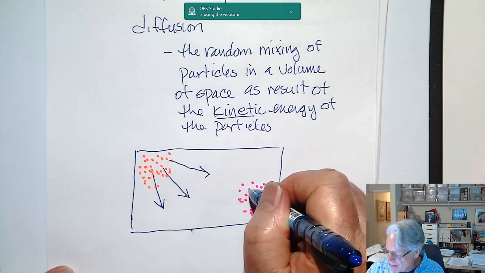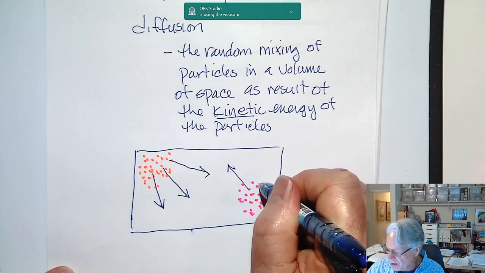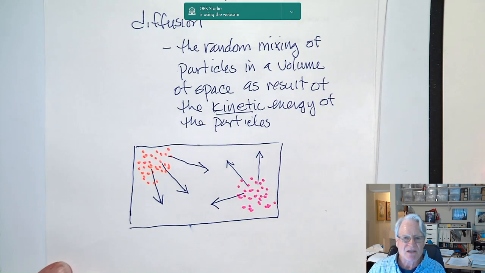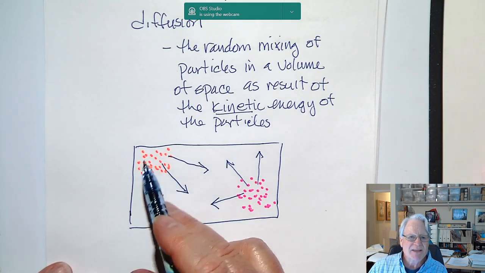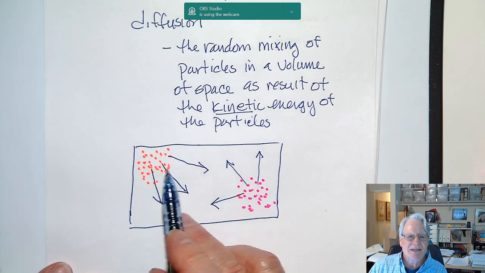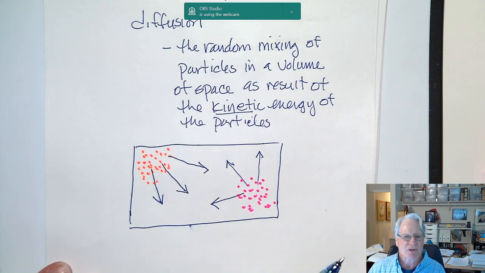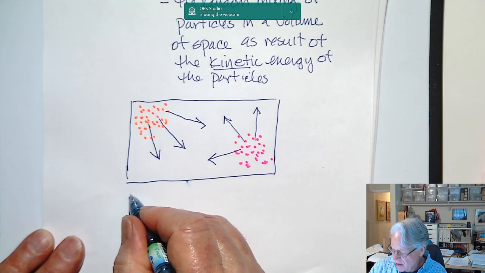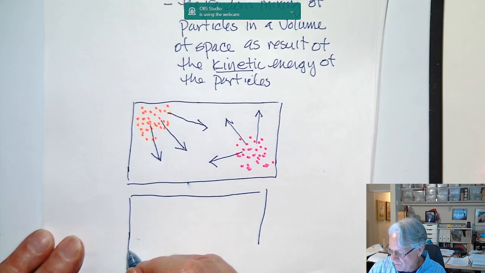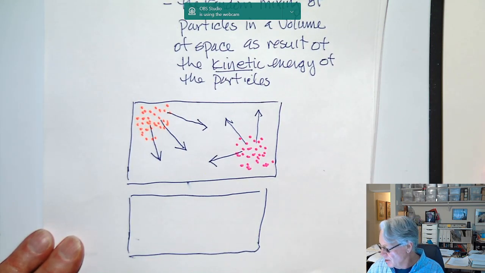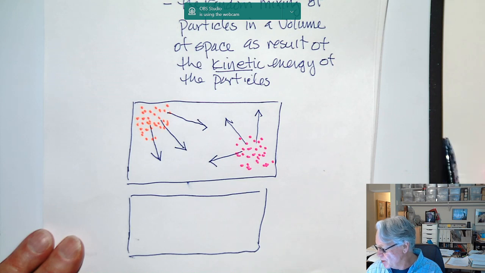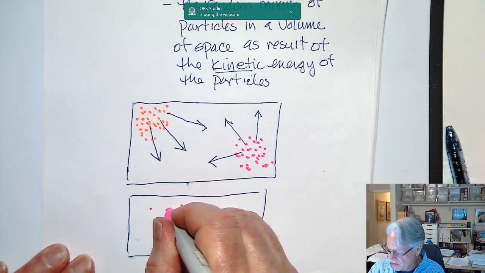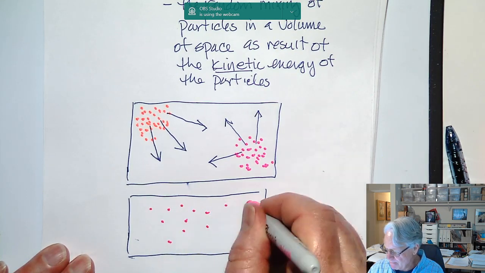And so what will happen is these are moving away from this concentrated area to fill in that space the same way that these are, but they're doing that independently of each other. And in the end, if you let this system go long enough, what you will discover is that both of those will end up being evenly and randomly distributed in that space.